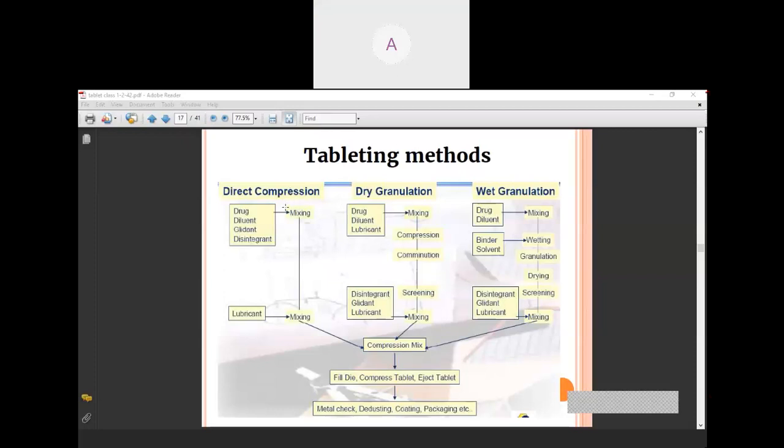Lubricating agent and glidants. Okay, so these are the main contents of your tablet. Now come to how you can prepare the tablets.